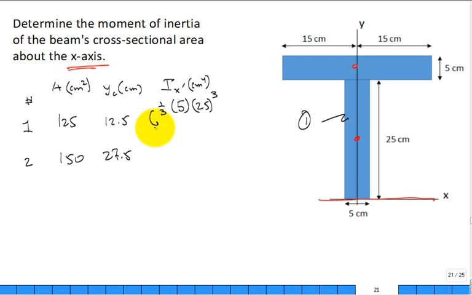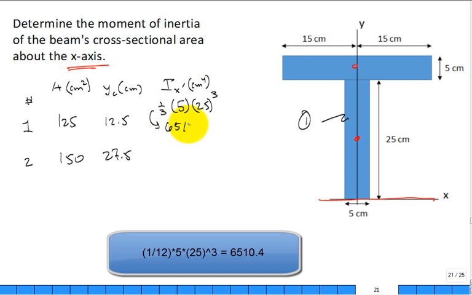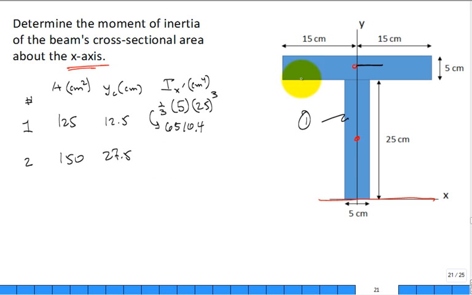That gives a value of 6510.4. Then we come up here, and for the second area, this is area number 2, we have 1/12 base times the height 5 cubed. That gives 312.5.